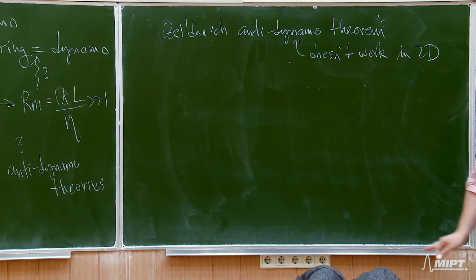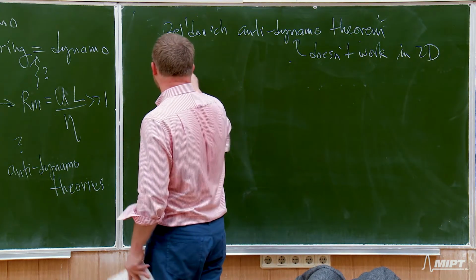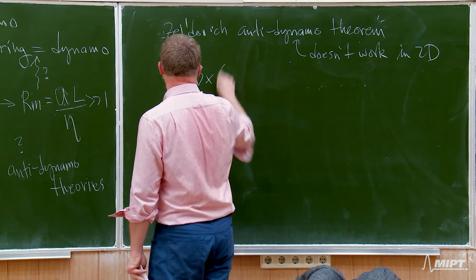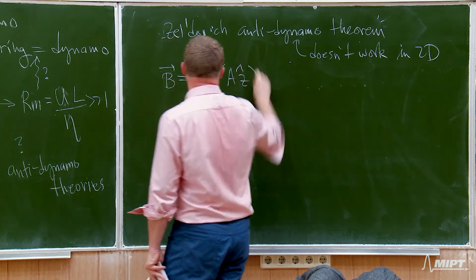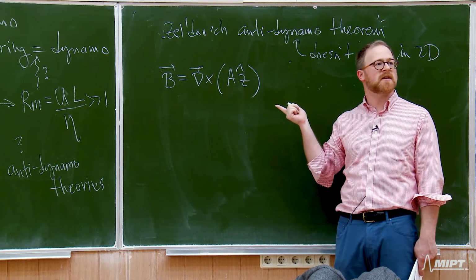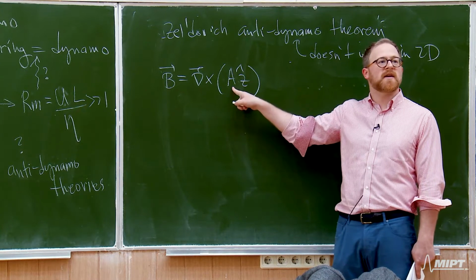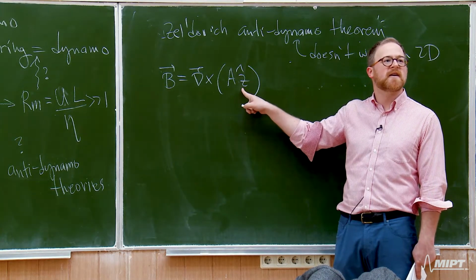And the proof is very, very simple. If you're in two dimensions, you can write your magnetic field in terms of a vector potential like this, and that vector potential can just be a scalar in one direction.